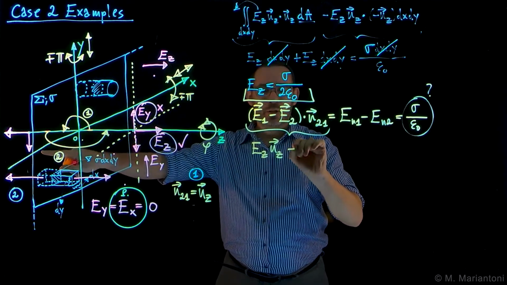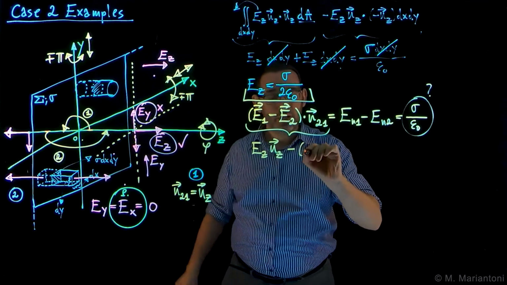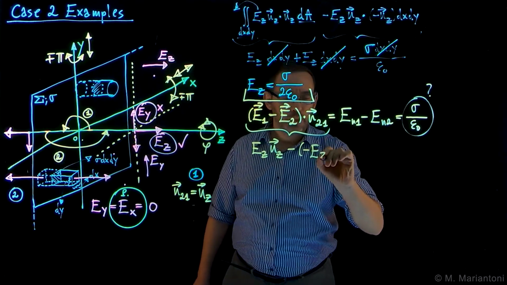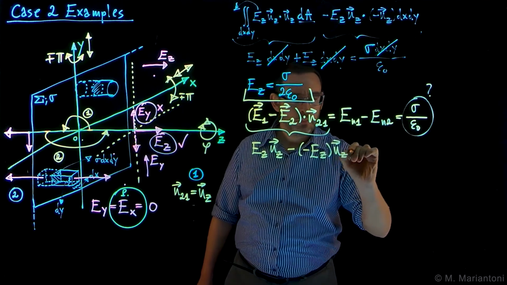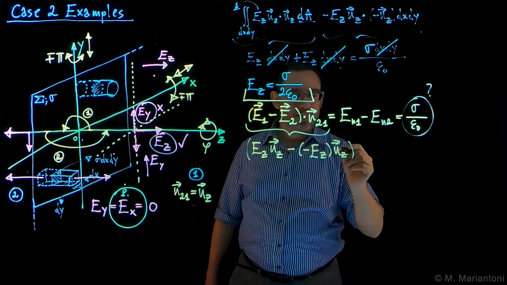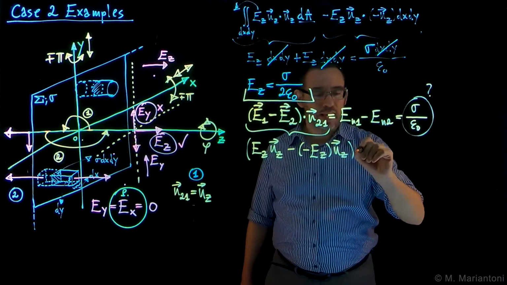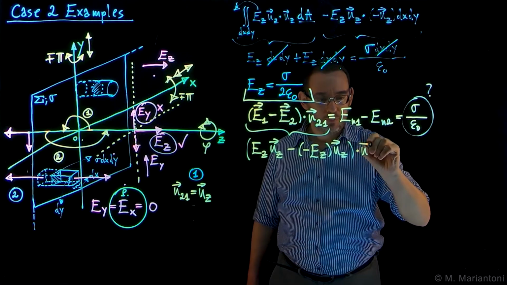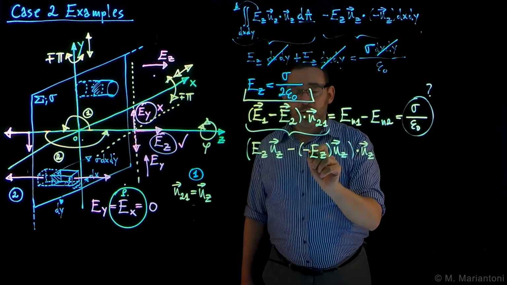E2 is minus, we need a minus from this law, but then E2 in this region is minus Ez pointing along z in the opposite direction. This we need to project along the n to 1 direction, which is plus uz. In this fashion. Minus is plus.